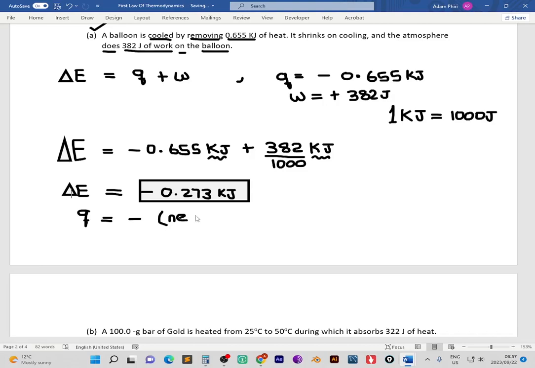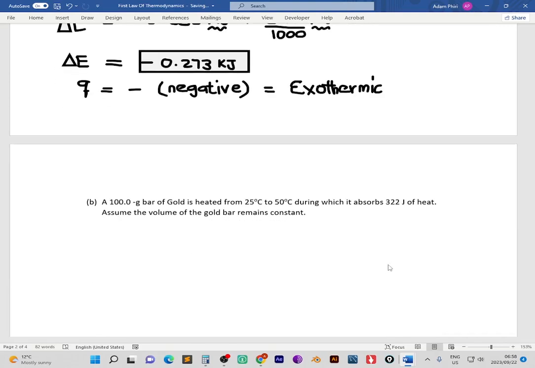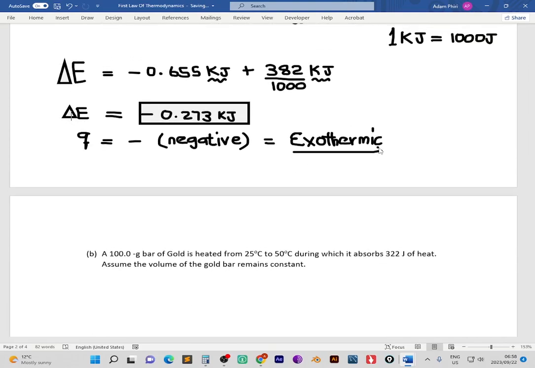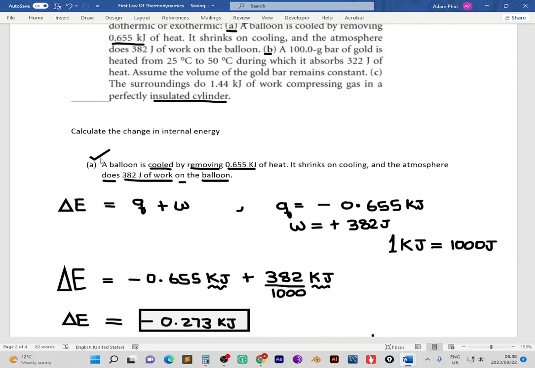In this case our value was negative because it cooled down, it lost. Anything that cools loses heat, so that means that because it's negative, it's exothermic, meaning that it released heat to the surroundings. And that's it. So we're done with A.